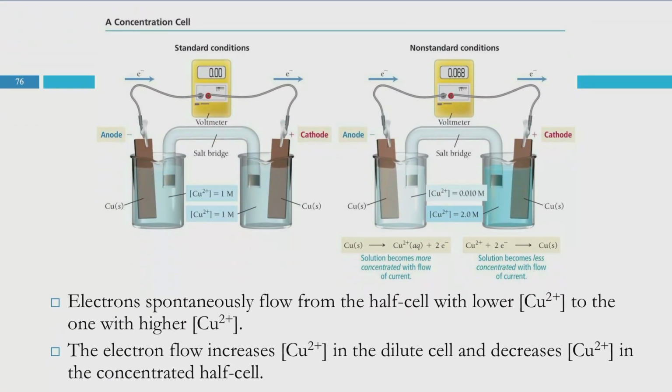So looking at our concentration cell, if we've got standard conditions, the concentrations are the same, 1 molar on both sides. In non-standard conditions, which we were looking at, we've got a difference in copper concentration, and we'll get some spontaneous movement of electrons to get these dissolved copper concentrations to equal out. So we'll have electrons flowing from the lower concentration side to put more of our copper into solution.